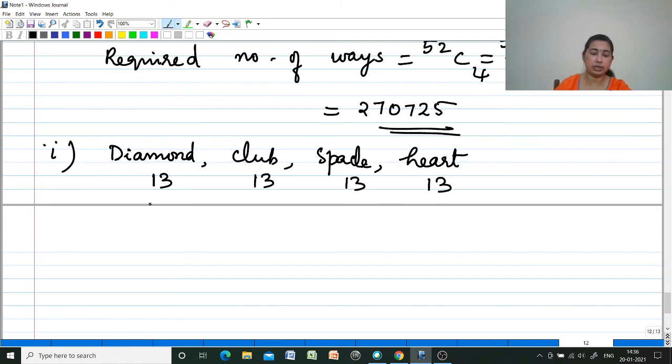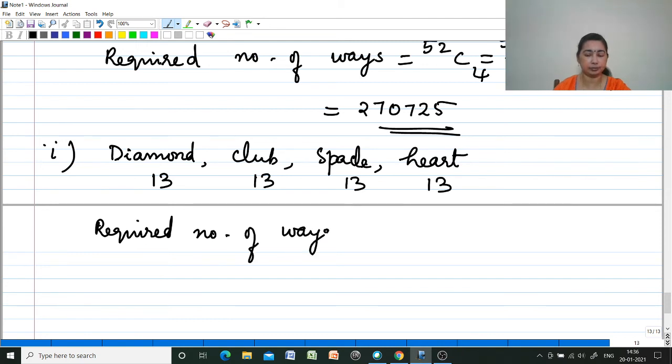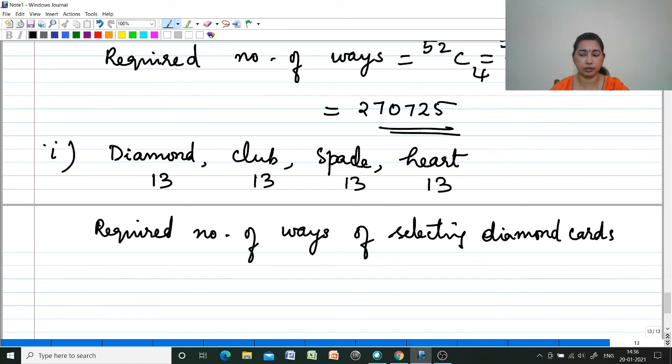And therefore, if all the 4 are of the same suit, then all the 4 should be diamond, or all the 4 should be club, or all the 4 should be spade, or all the 4 should be heart. So suppose it is diamond, the required number of ways of selecting diamond cards is equal to 13C4.